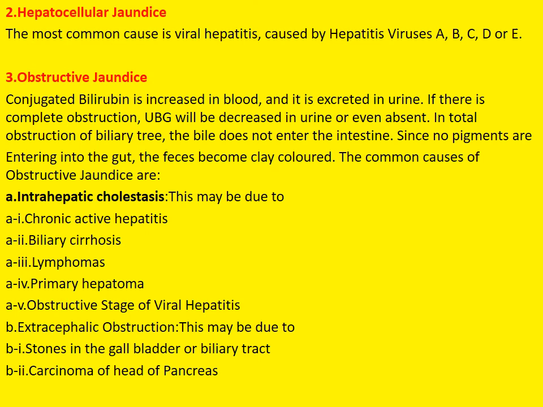This may be due to stones in the gallbladder or bile tract, carcinoma of the head of the pancreas. So, this is regarding obstructive jaundice. The causes may be intrahepatic or extrahepatic. Okay, thanks.